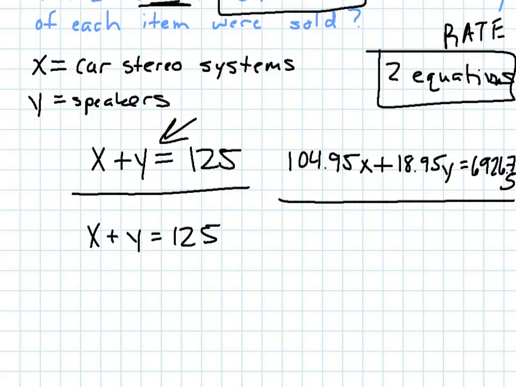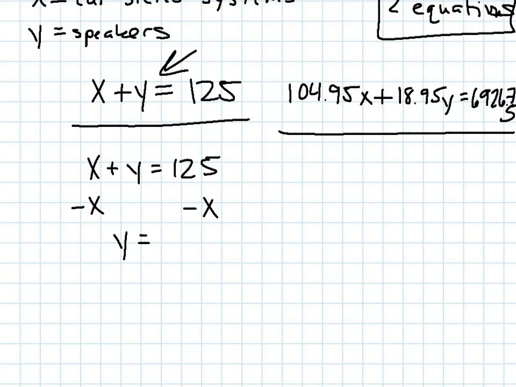Sometimes it's easier for one than the other, but pick the one that's easiest for you. So here, let's say I solve for y. So I'm going to subtract x to the other side. Now remember, x and 125 are not like terms, so I'm going to leave them separate from one another and write them like this.